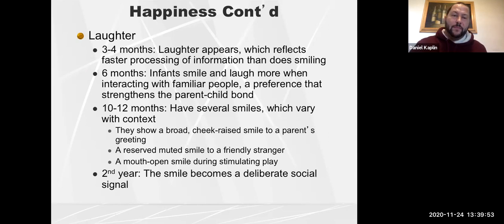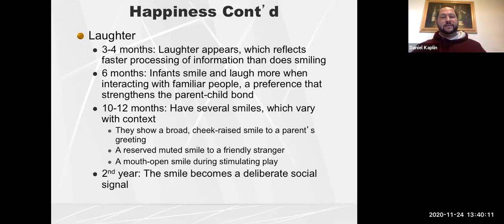Laughter is another one. Laughter is related to happiness. By 3 to 4 months old, you start to see infants expressing laughter, which shows a faster processing of information than a basic smile or a social smile.